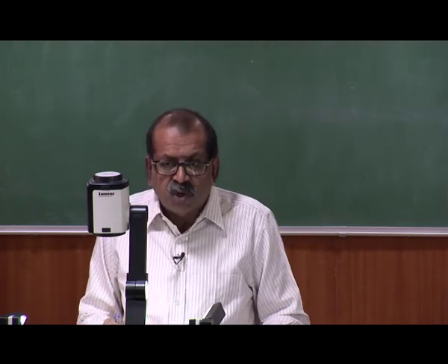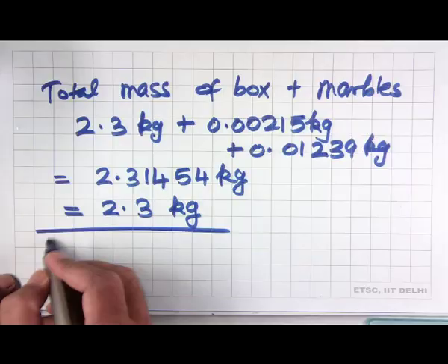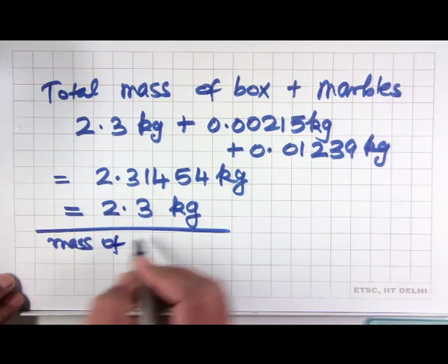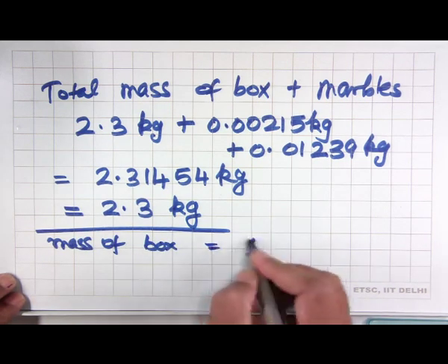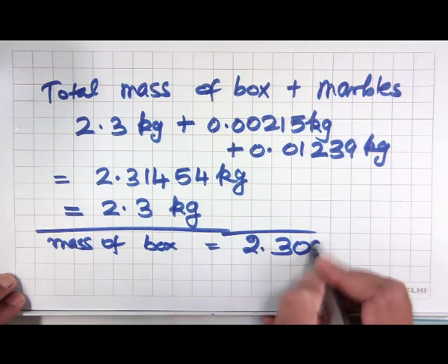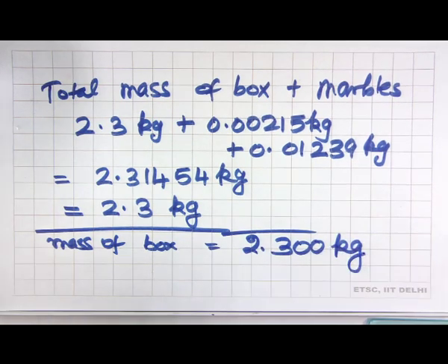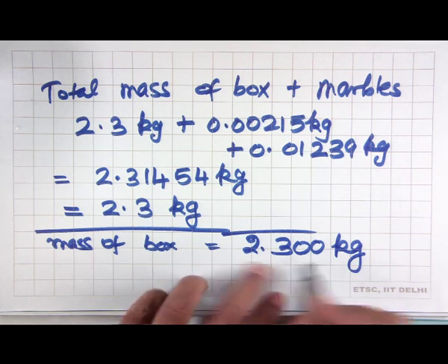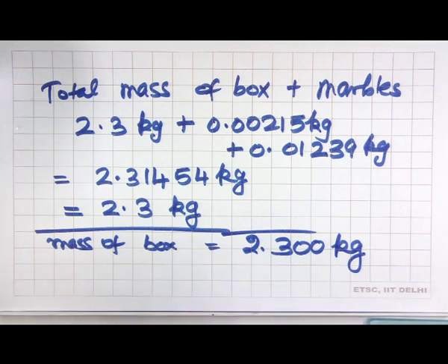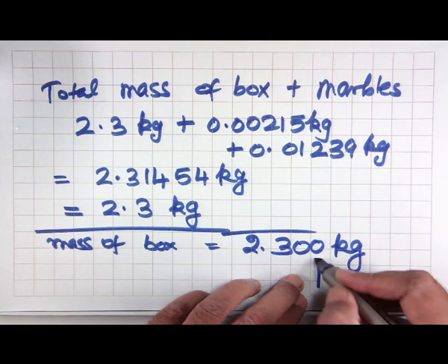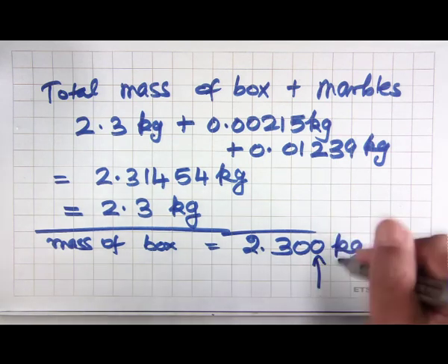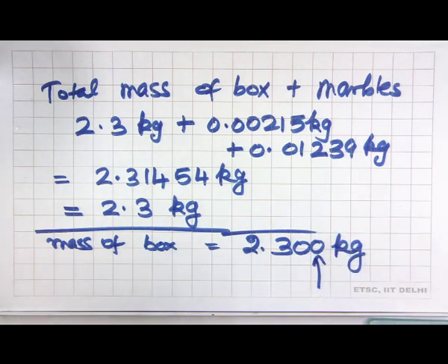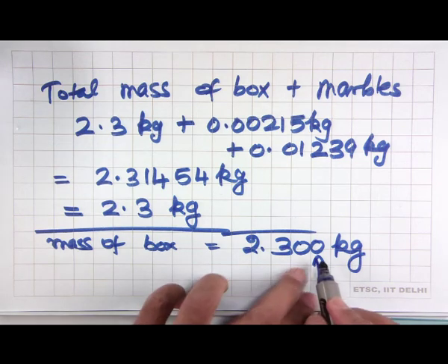Now, we make a small deviation to the question. Suppose the mass of the box was given as 2.300 kg, how will this answer change? Here you have to realize, when you say the mass of the box is 2.300 kgs, that means it has been measured correct up to 0.001 kg. So, we have to go up to 3 decimal places.